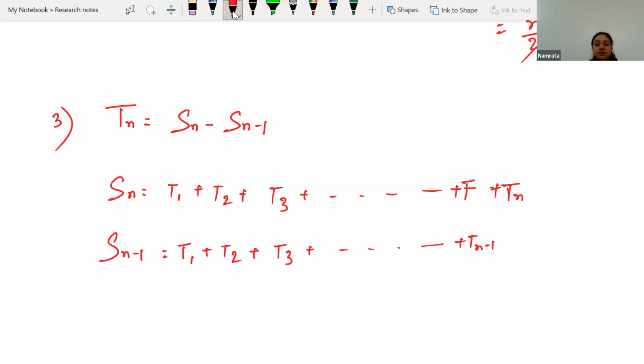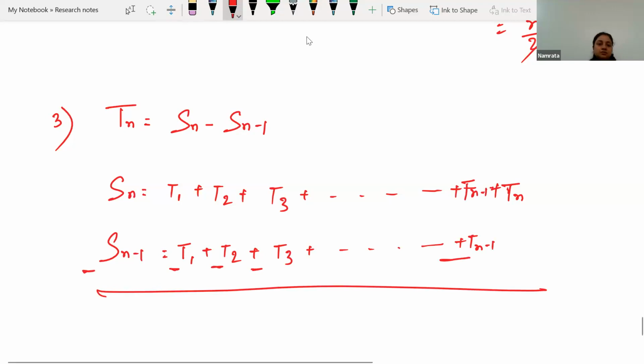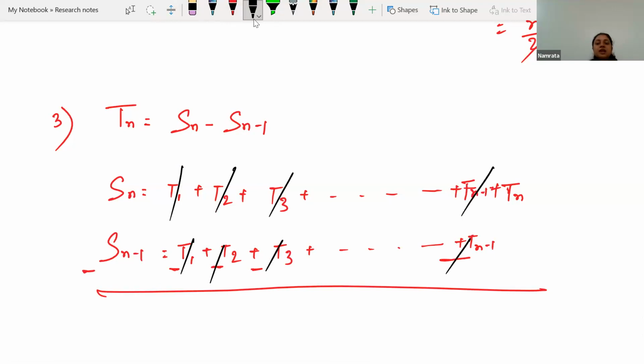Right, Lena? Yes, ma'am. If we subtract it, all the terms cancel each other and we end up having tn. So this result came from just subtracting the sum of n terms and the sum of n minus 1 terms. Obviously, if we have 5 terms and subtract the sum of 4 terms, we end up having the last term only, right? Yes, ma'am.